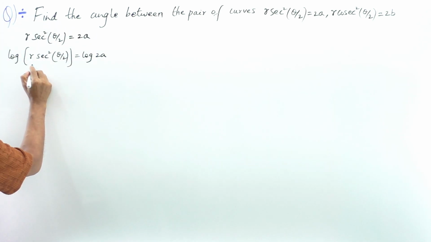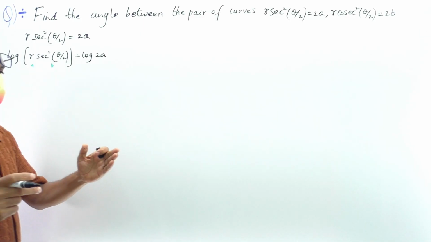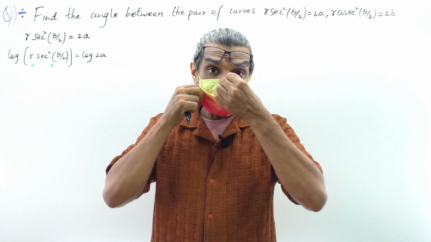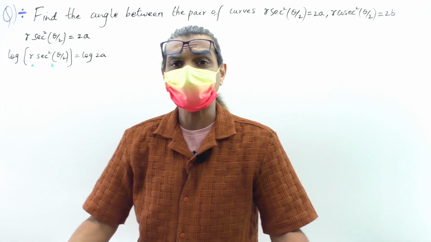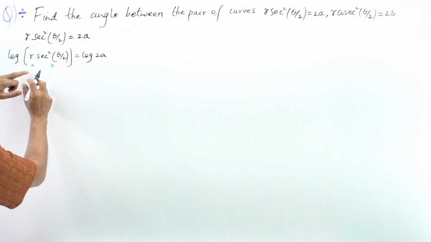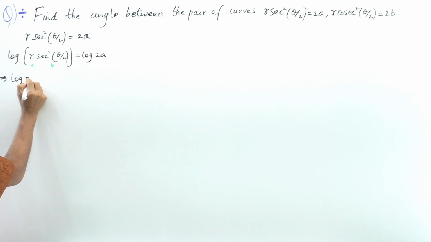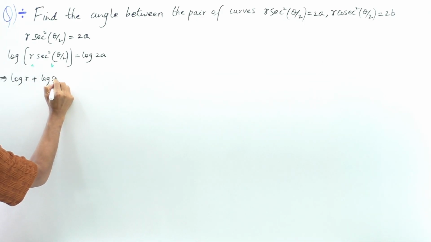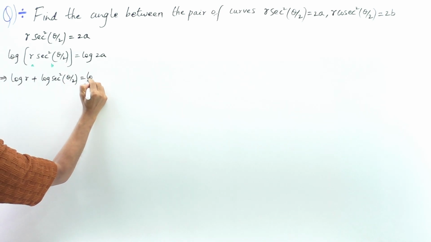Fine, because while solving mathematics problems, we need standard form, means only addition or subtraction; multiplication, division, power is not allowed. That's why applying log here. So log a into b is what? It implies log r plus log secant square theta over 2 equals log of 2a.